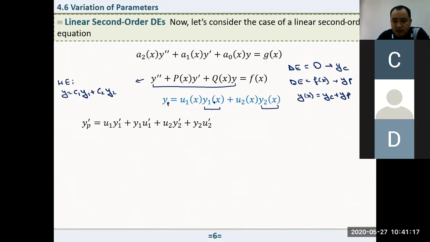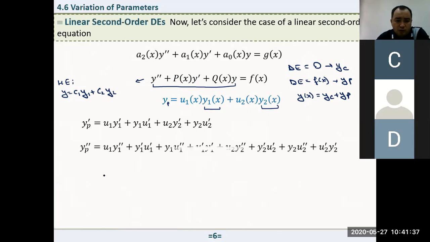We assume it is in this form. After that, I will substitute it into this equation. To do this, first I have to differentiate once and substitute for y prime into the equation, and after that differentiate one more time for y double prime. We know how to do differentiation.